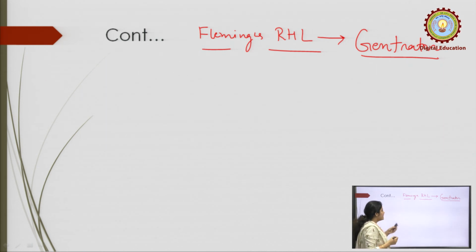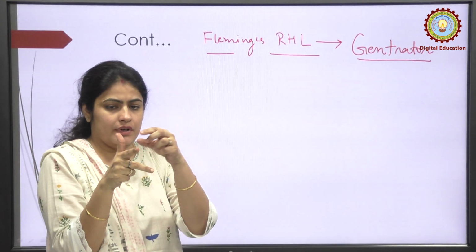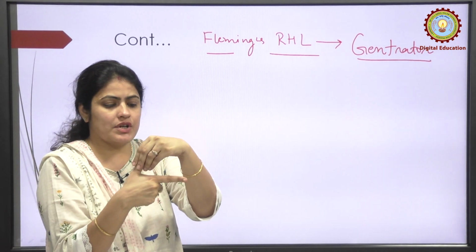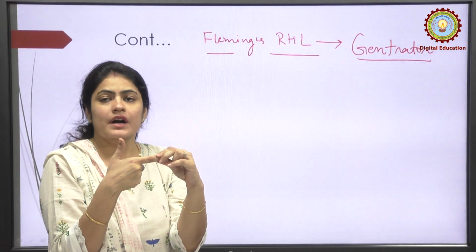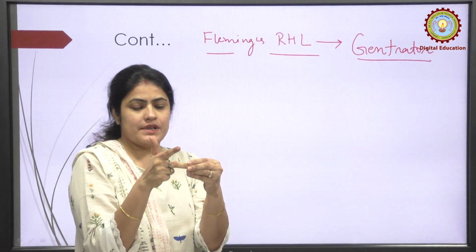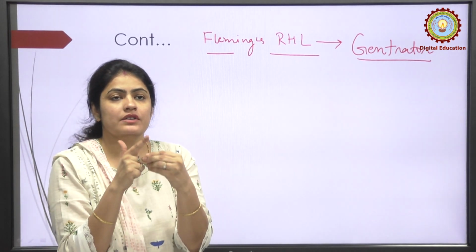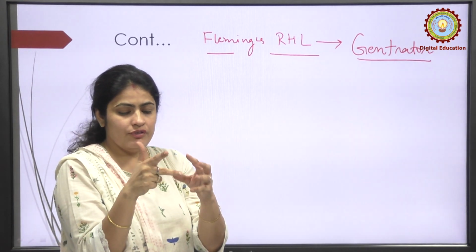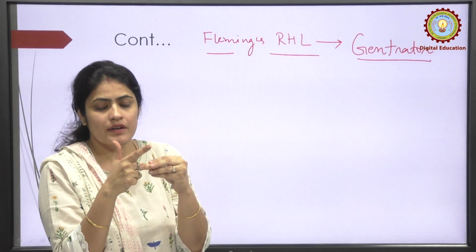So, in this Fleming's right hand rule, if the thumb represents the direction of the rotation, the forefinger represents the direction of the magnetic field, then your middle finger will represent the direction of the current of the generator. So, by using this Fleming's right hand rule, you will find the direction of the current in the generator.